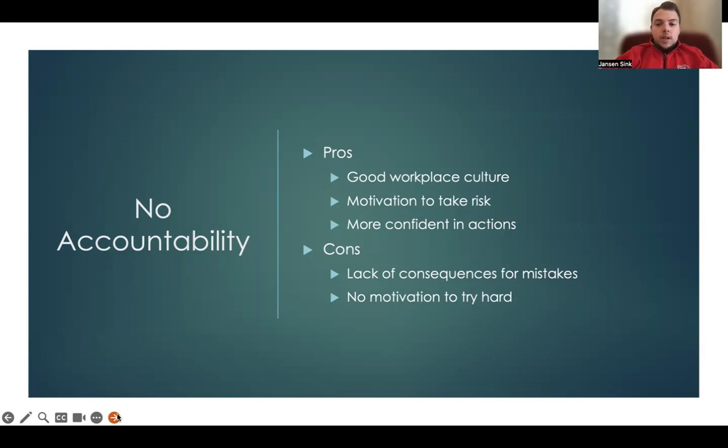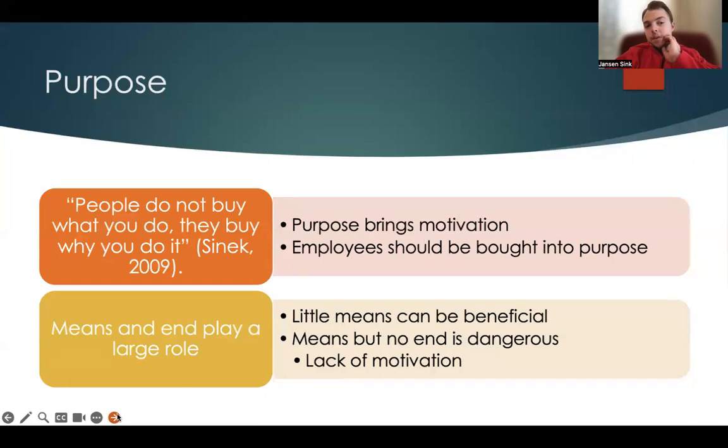With disk drive, if they failed, they weren't going to lose their job, and the company was behind them, which gives them confidence. But they also knew, I might not hit my goal, and that was the reason that they were coming into work every day. So they're going to try harder and keep pushing to hit that goal. So no accountability as far as creating new products and failures and testing can be a very good thing, or it can be a really bad thing depending on the team in question.